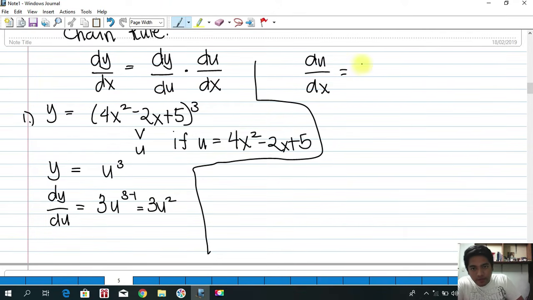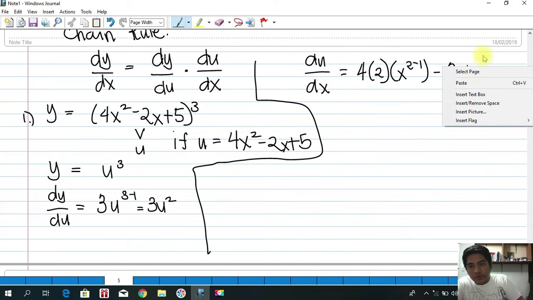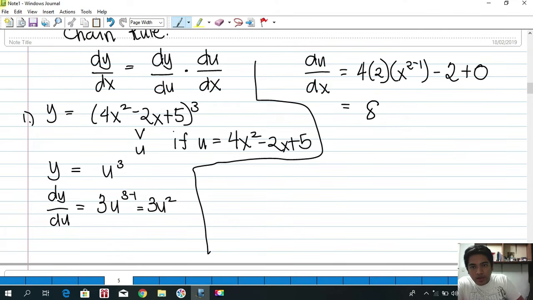So we have 4 times 2 times x raised to 2 minus 1, minus the derivative of 2x, which is simply 2, and the derivative of 5 is simply a constant, which is 0. Oops, I'm so sorry, 0. So simplifying, we have 8x minus 2.